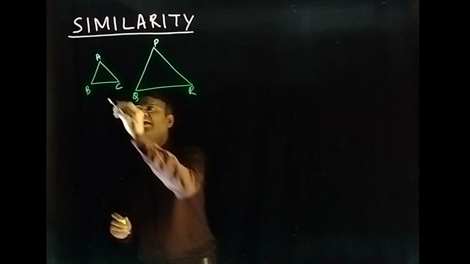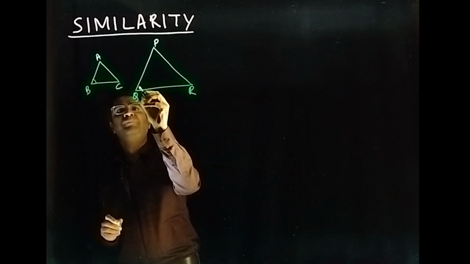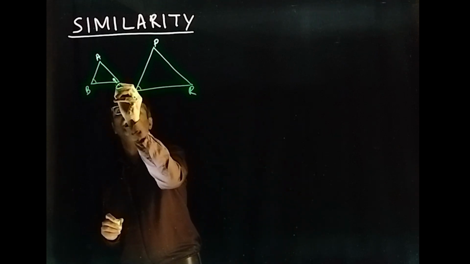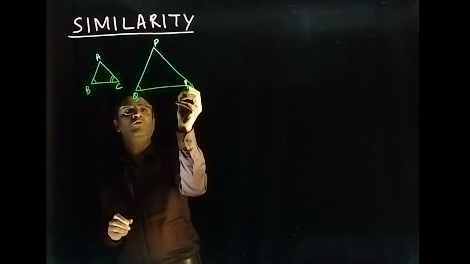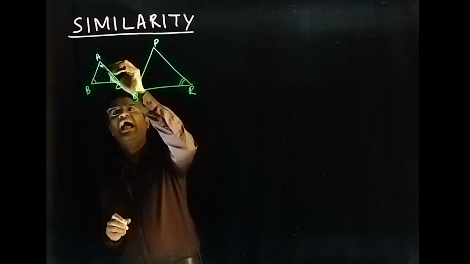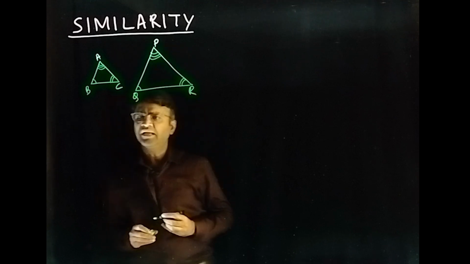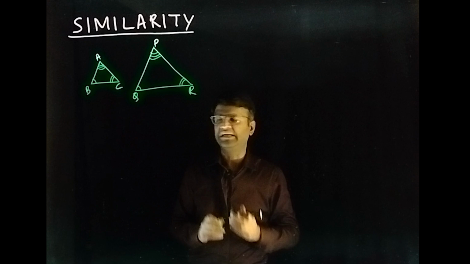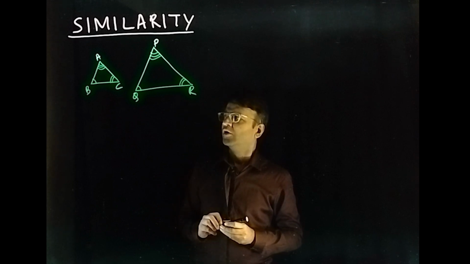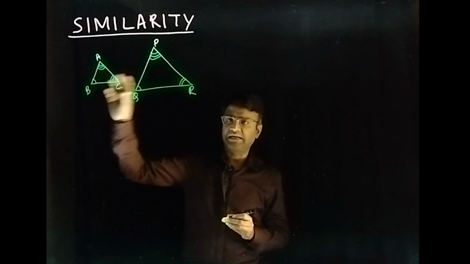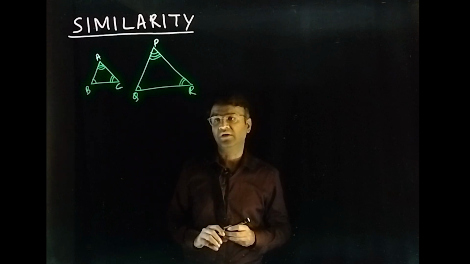What do I mean? I mean angle B is equal to angle Q, angle C is equal to angle R, angle A is equal to angle P. Okay, just for the sake of convenience, we have taken it like this. Now these are corresponding angles. They have to be equal.